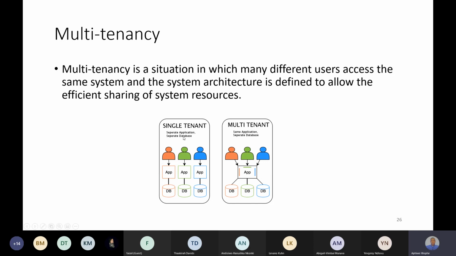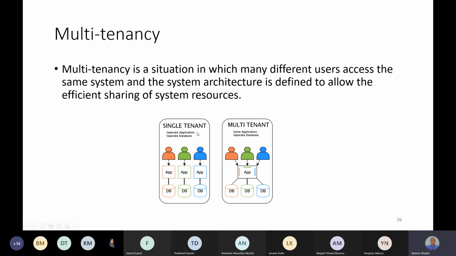If we're talking about a single tenant system, it means each brand will have its own application and its own database for storing data. But in a multi-tenant system, we have the same application the users interact with. However, the data is then separated into different databases.